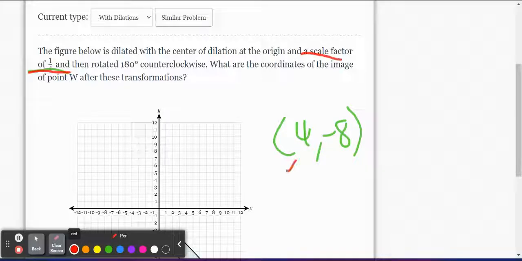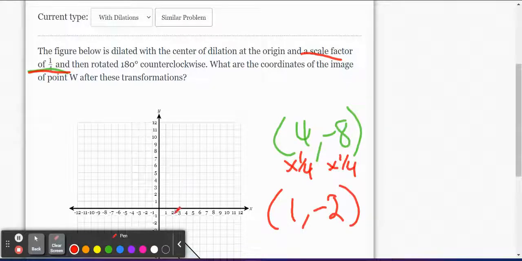So I multiply this by 1/4, multiply this by 1/4, and I get (1, -2). That's what happens when it's scaled down. So it would be right there. Bam.